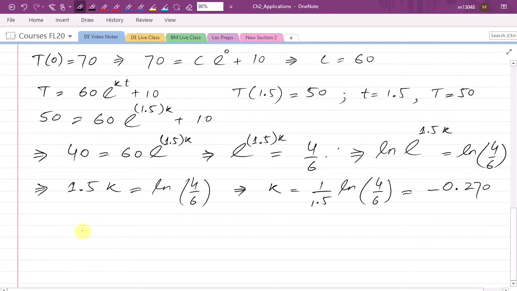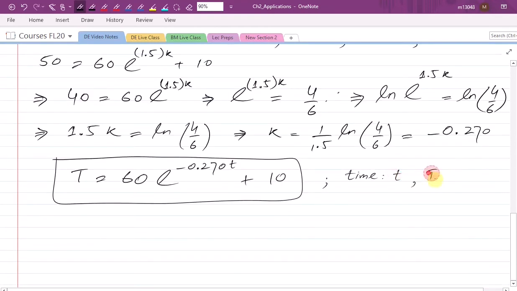So our final form of the solution becomes T equals 60 e power minus 0.270 t plus 10, with time t and temperature capital T.